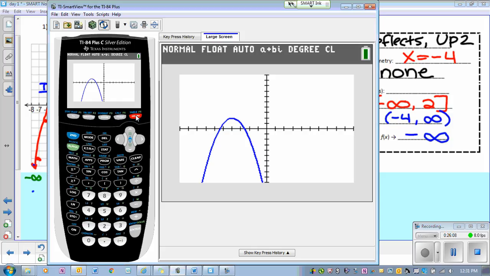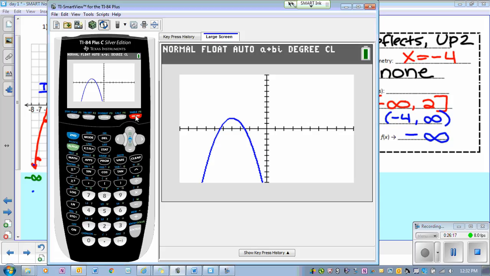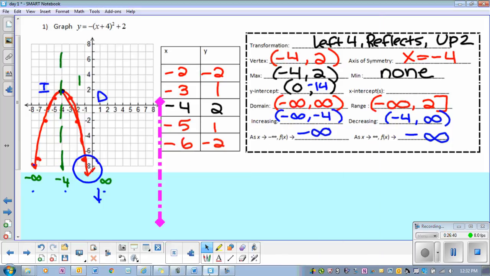You can go to your calculator, and you should write down these steps if you like this. Put your equation into y equals, go to graph, hit trace, 0, enter. And then it tells you 0, comma, negative 14.